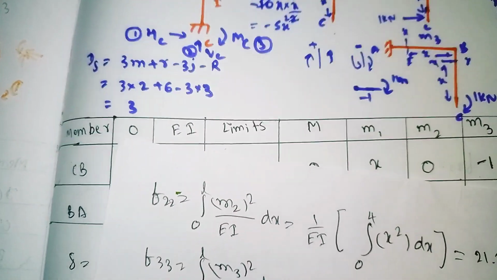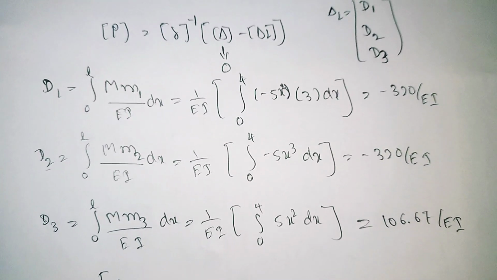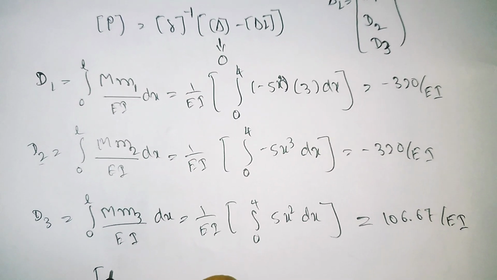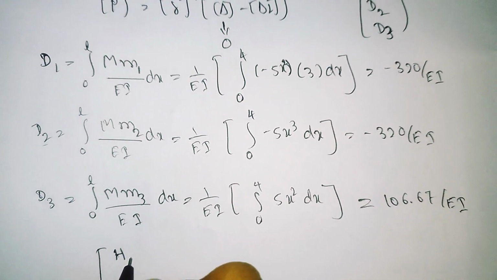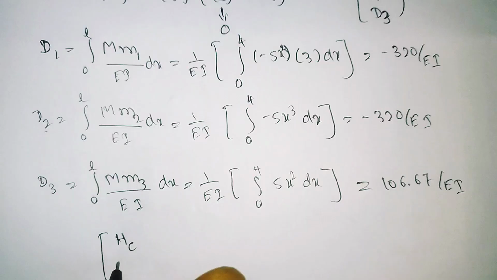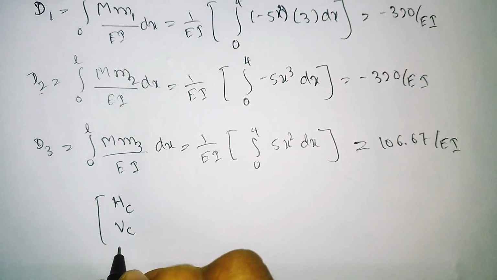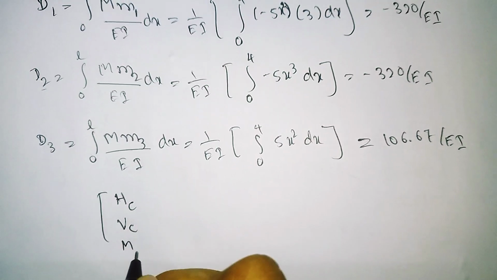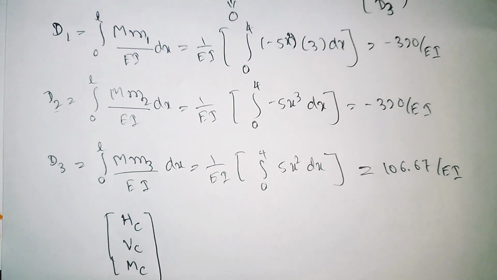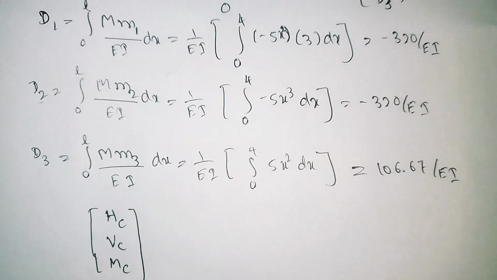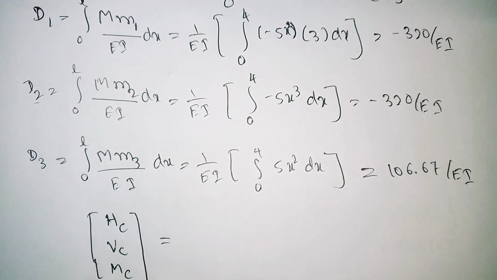For the P matrix, for coordinate 1 we assumed the horizontal one, HC, for coordinate 2 we have taken VC, and for coordinate number 3 we have taken the moment MC. So our P matrix is whatever redundants we have released, we need to take those values here.